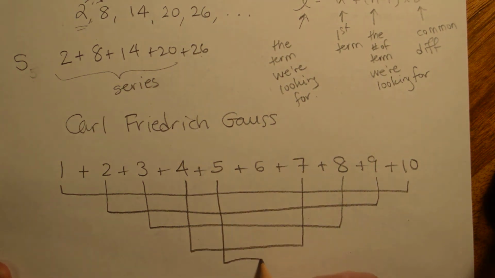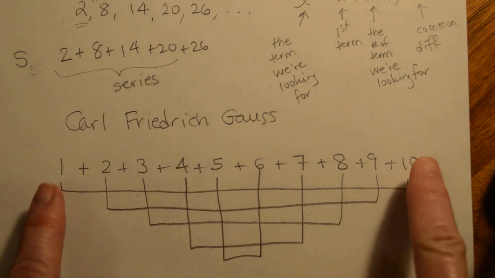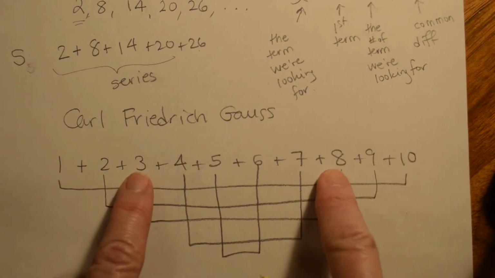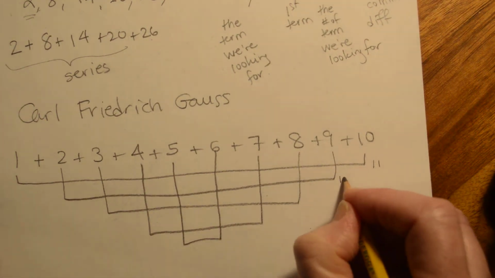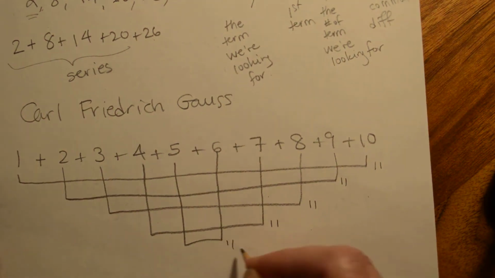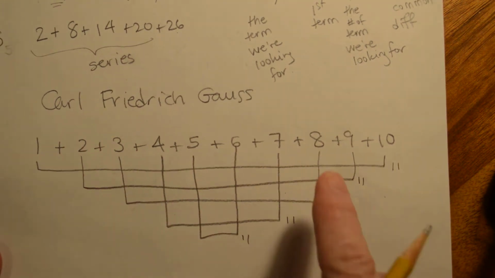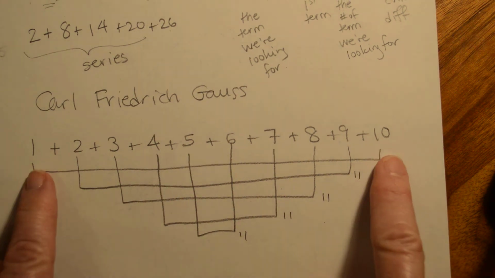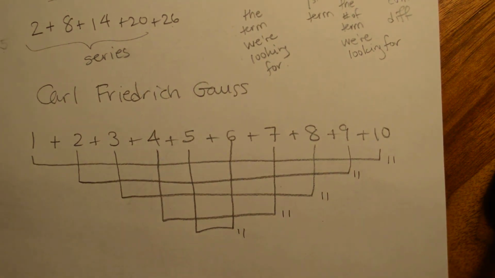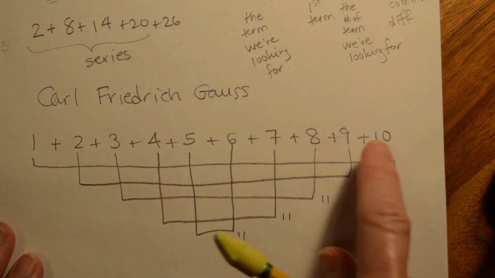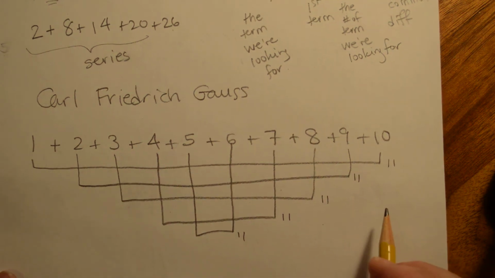And then 5 and 6 and got 11. So what he noticed is if he just kept pairing them up, they always came up to the same sum. This was 11, 11, 11, 11, and 11. So all he had to do to find the sum of all those numbers was to find out what that pairing was and then add up how many of them he got. The sum of each pair was 11 and there would be 5 of them because he could make 5 pairings.